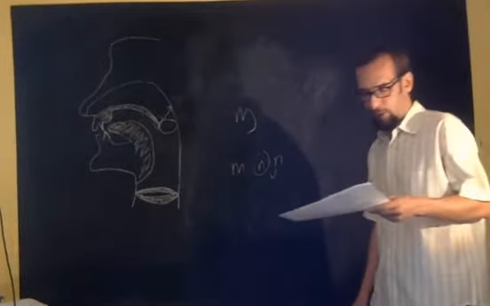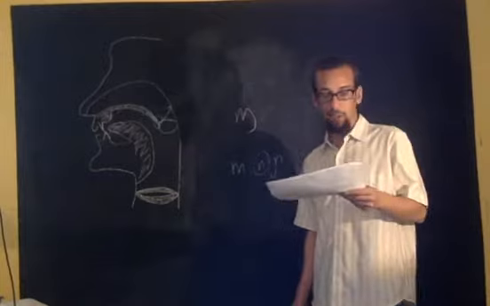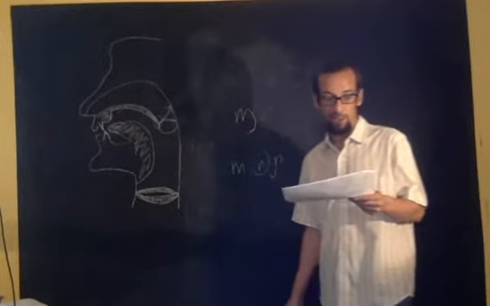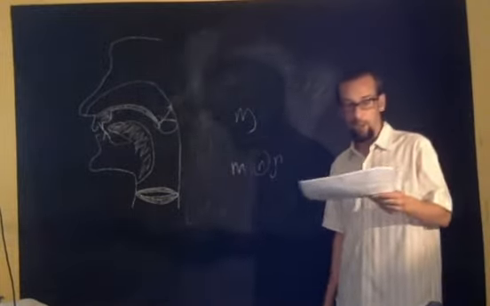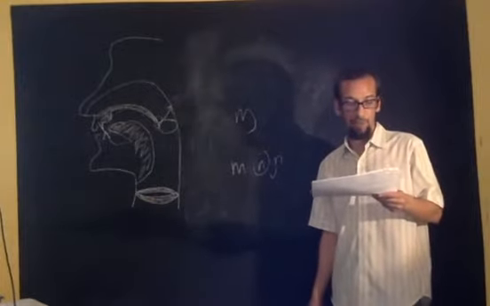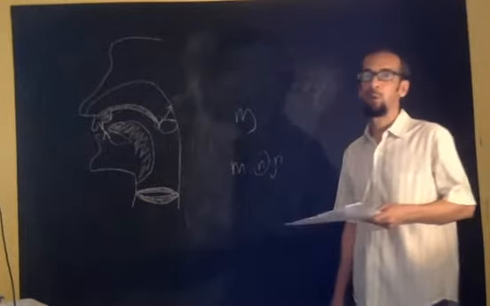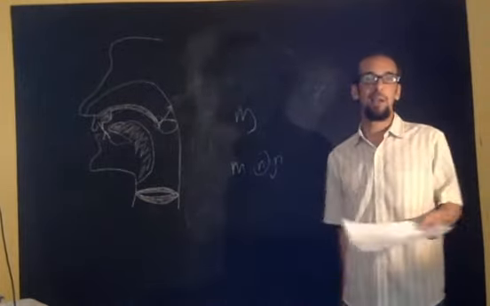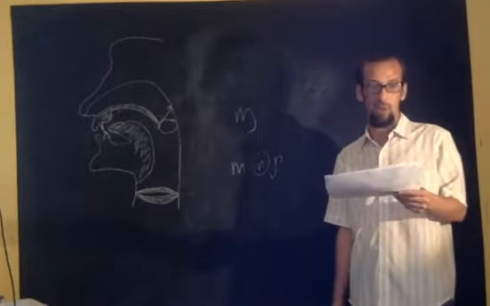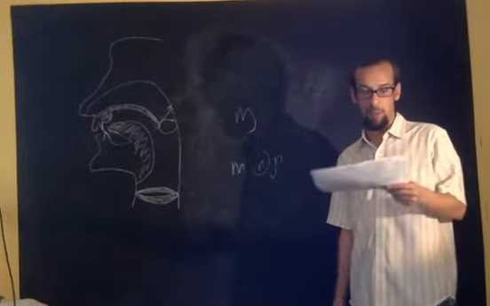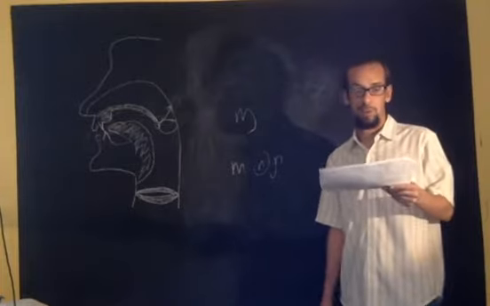The answer is that the non-sibilants, f and th, so this is the labiodental and the interdental fricative, these take a plural form that's just an alveolar fricative, s. So cuff, cuffs, booths.